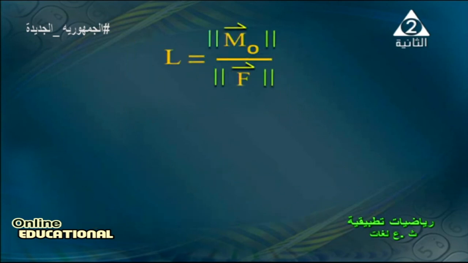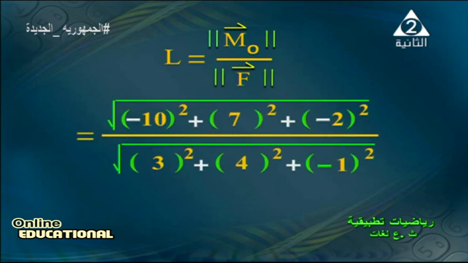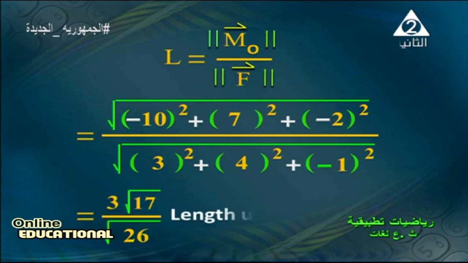Now L, or the arm of the force, equals norm vector M about O over norm vector F. L equals square root of -10 to the power 2 plus 7 power 2 plus -2 to the power 2, divided by root of 3 power 2 plus 4 power 2 plus -1 to the power 2. Then L equals 3 root 17 over root 26 length unit.